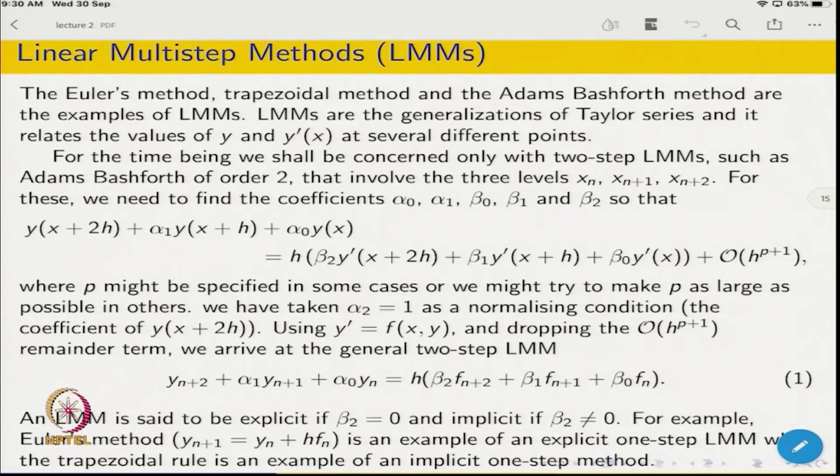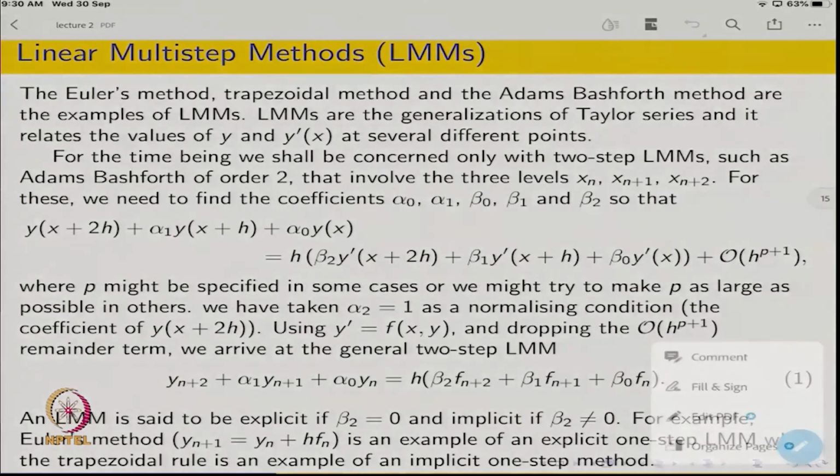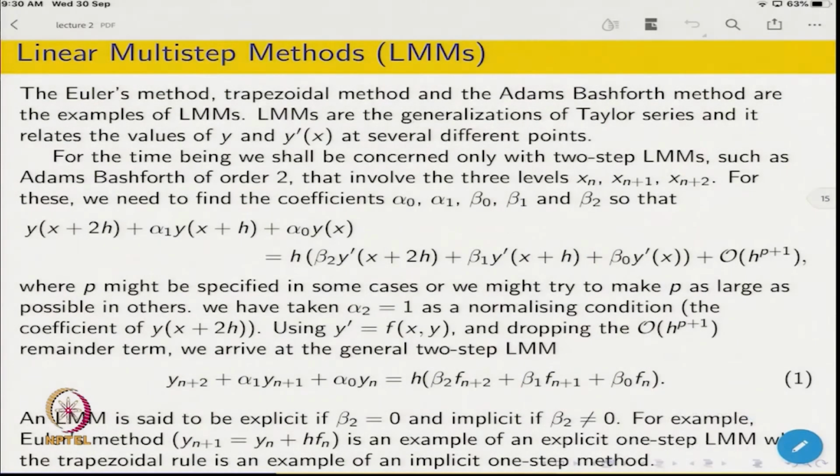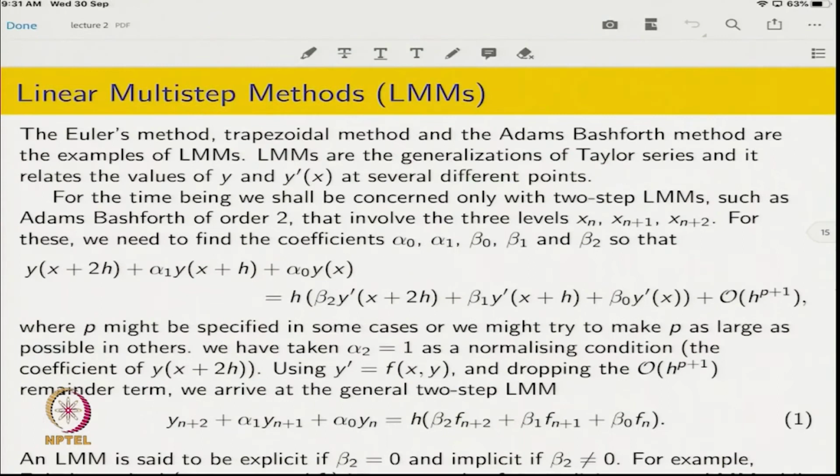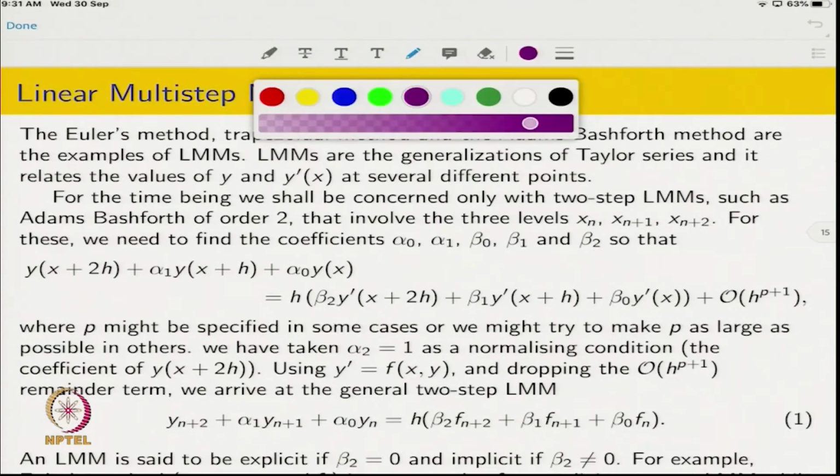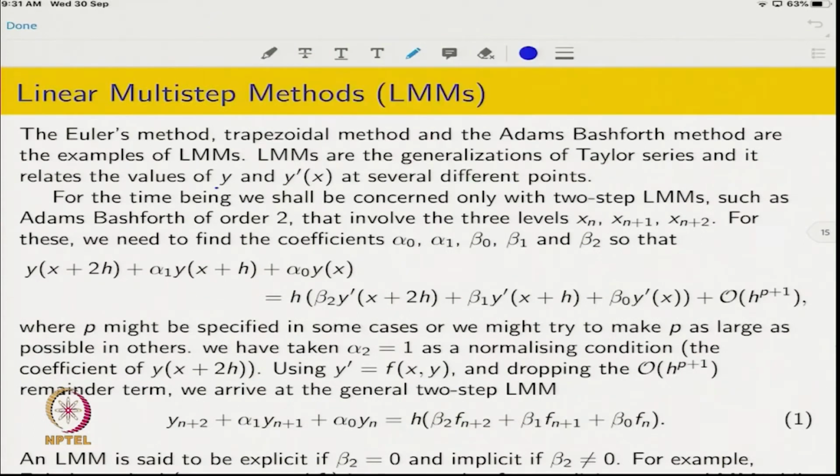So, it relates the value of y and y dash x at several points. That is the difference between linear multi-step methods and Taylor series methods.